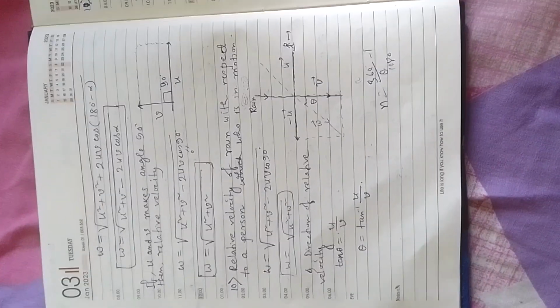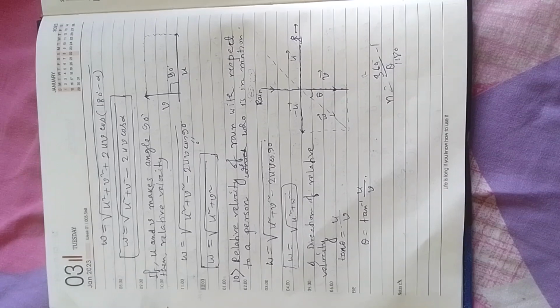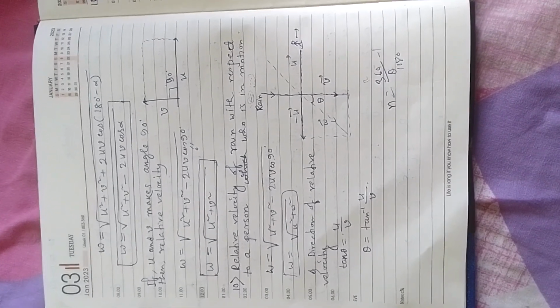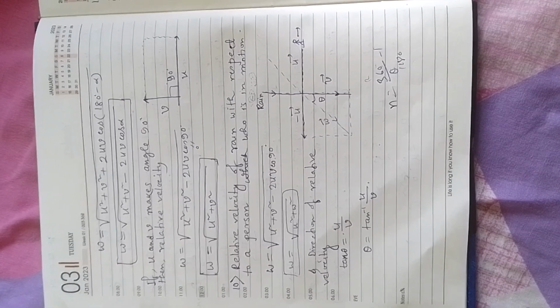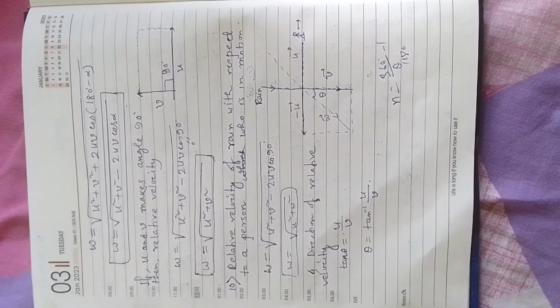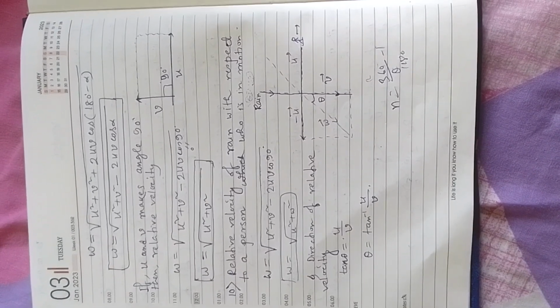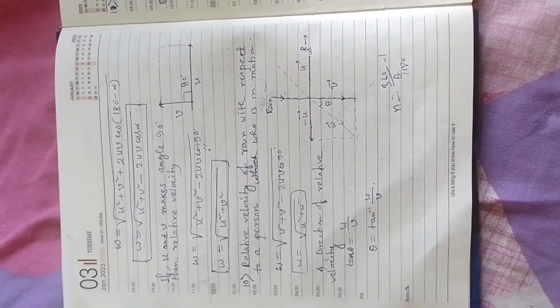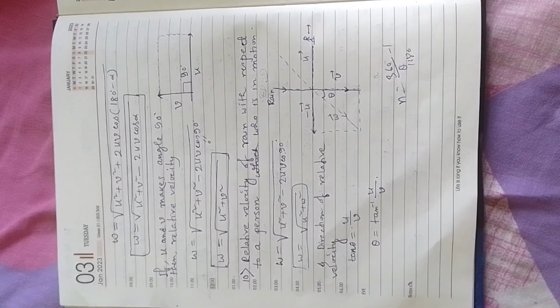Another topic concerning the relative velocity is shown in question number 10. Relative velocity of rain with respect to a person who is in motion. Suppose u is the velocity of the man and v is the velocity of the rain.